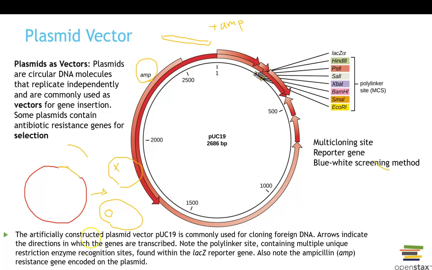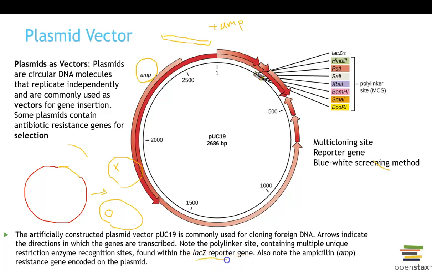Another thing is that some of these plasmids may have the insert, may have the insulin gene, some of them may not. So in order to identify just the colonies that contain the plasmid that got the insert, the insulin gene, we're going to use reporter genes.